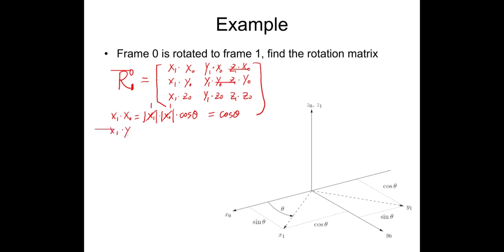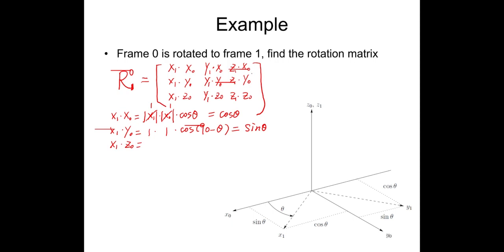The second term is x1 dot product y0, and obviously this is 1 times 1 times cosine of the angle. What is the angle? Here is my x1, and here is my y0. So that is cosine of 90 minus theta, which equals sine theta. Next term, x1 times z0.